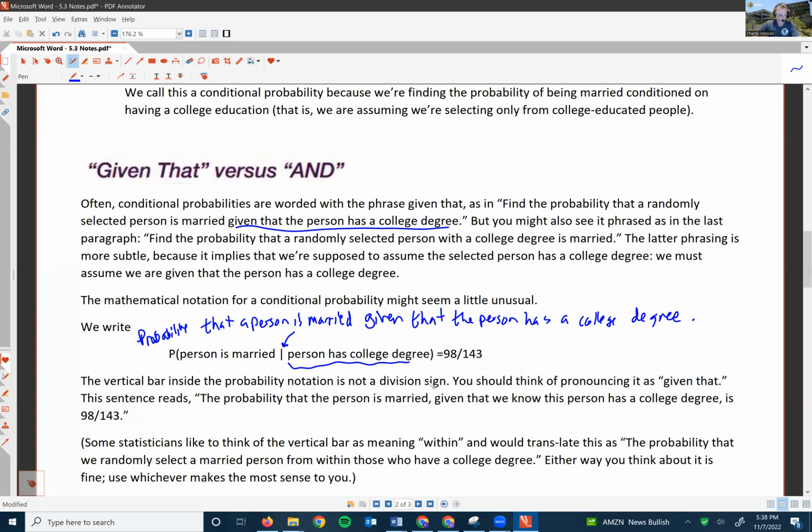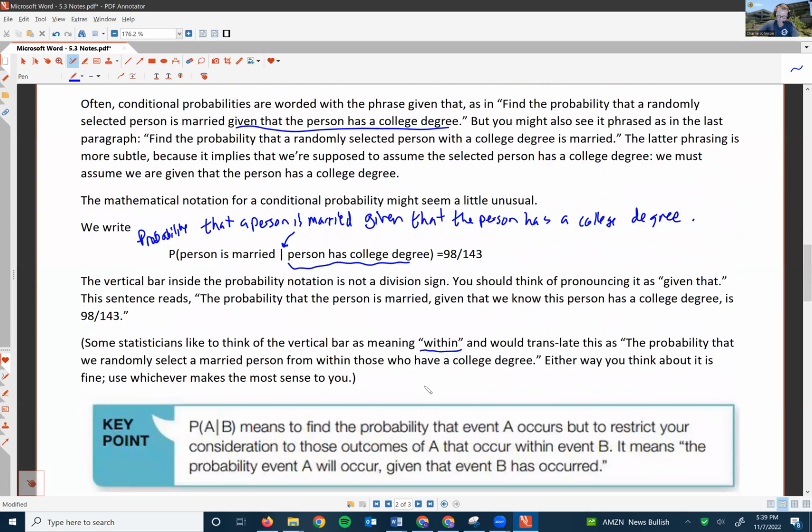Some statisticians like to think of the vertical bar as meaning "within that row or column," because we can do column conditions as well: the probability that we randomly select a married person from within those that have a college degree. So we're looking at the column. Either way you think about it is fine. Use whatever makes the most sense to you.